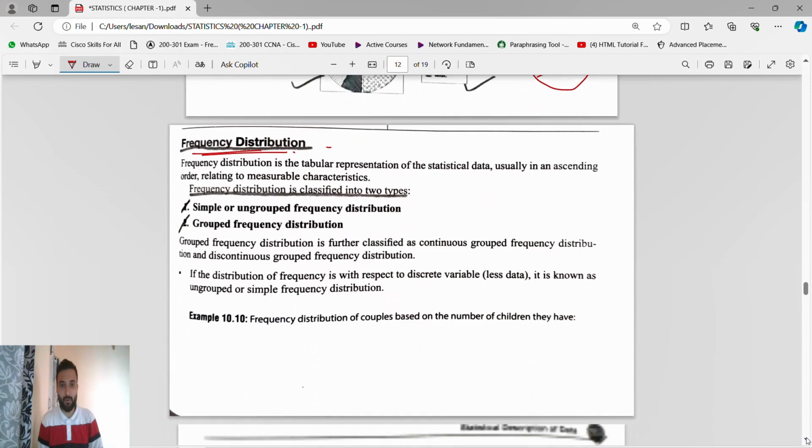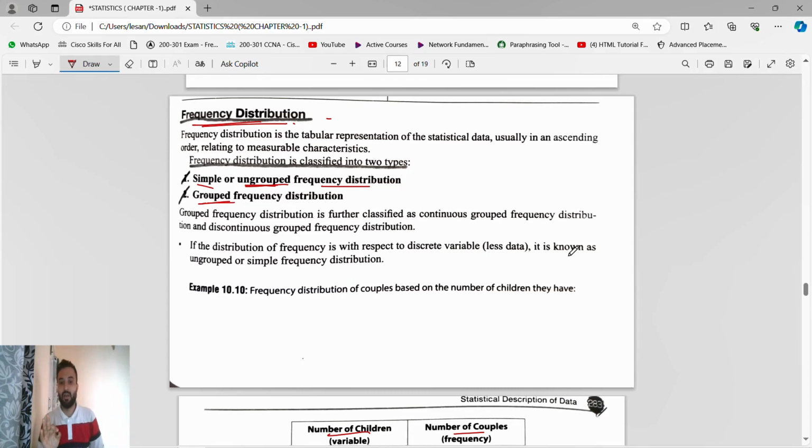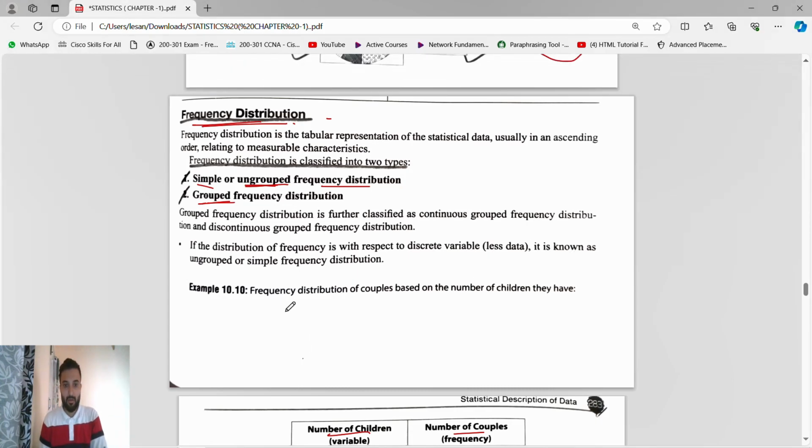Whenever we talk about frequency distribution, we have two types: simple or ungrouped, and grouped frequency distribution. Ungrouped means, guys, we have only observations. For example, marks of a student in a stats exam, out of 40, someone got 28, 32, 36, 40. These are the observations.